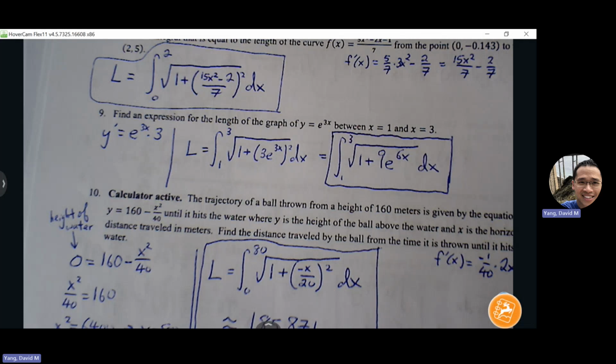It's from 0 to 1 of 1 over x dx, and the other one goes to negative 3, right?